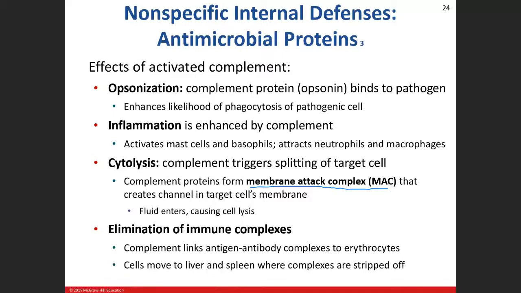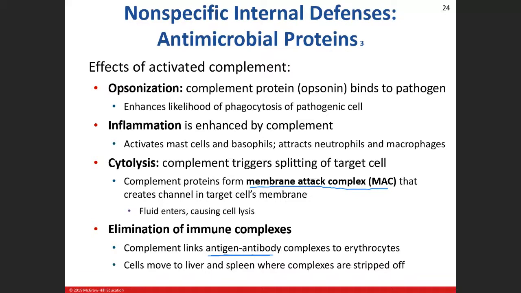And then our last one, the elimination of the immune complexes. This involves that antigen-antibody complex. So you have the antigen, that foreign sugar or protein. The antibody recognizes it and binds to it, and then they'll just be floating around in the blood.